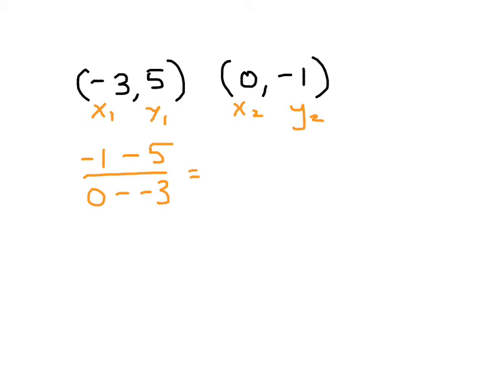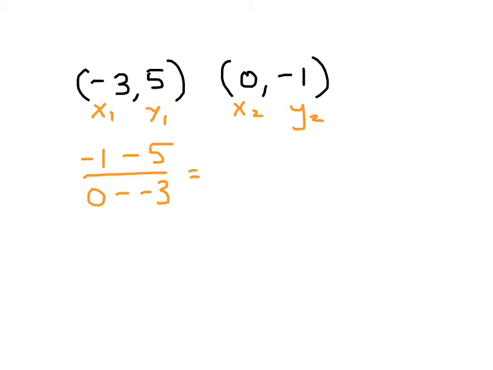And you need to be careful. What's -1 minus 5? Not 4. The wrong one. Rick? I understand that x2 has to go with x1 and vice versa. Yep.